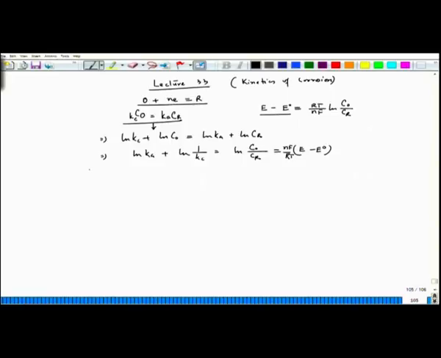Now, if we differentiate both sides with reference to potential E, since K_A as well as K_C are both potential dependent, we get the derivative.